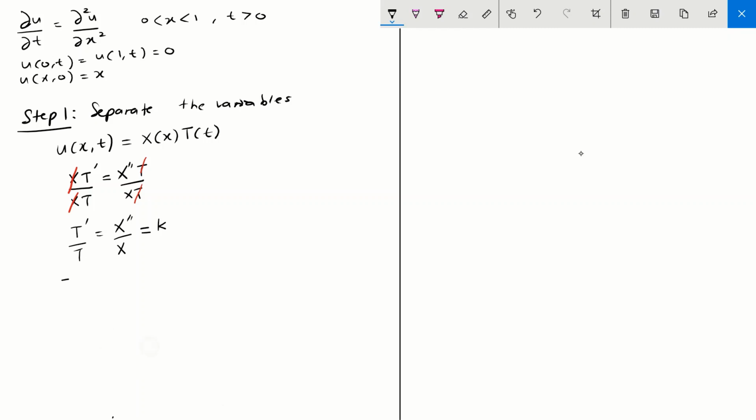Therefore we can reduce the PDE into two differential equations: a first order differential equation for the time variable and a second order differential equation for the spatial variable.